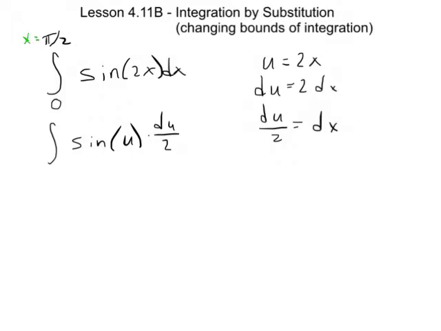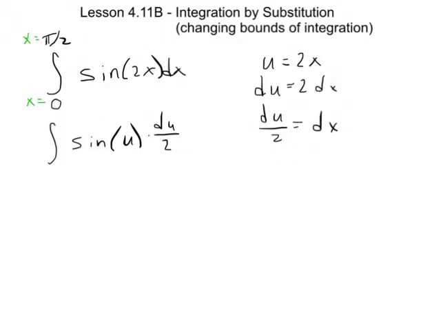It was saying that we want to do this integral from an x value of 0 up to an x value of pi over 2. So down below, where I've changed this problem into a u problem, it doesn't make sense anymore for me to have x bounds. In fact, if anything, I need to have u bounds for these things.